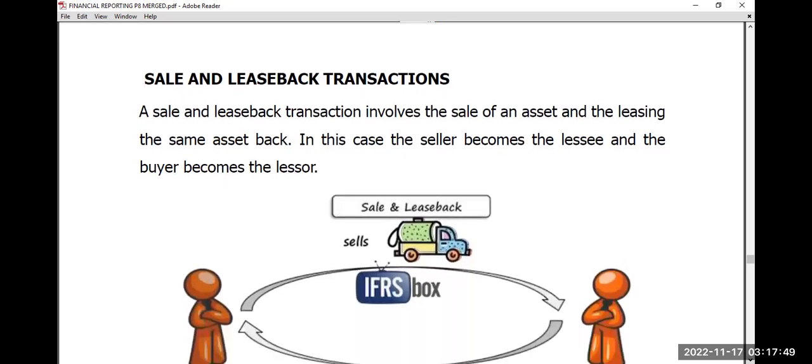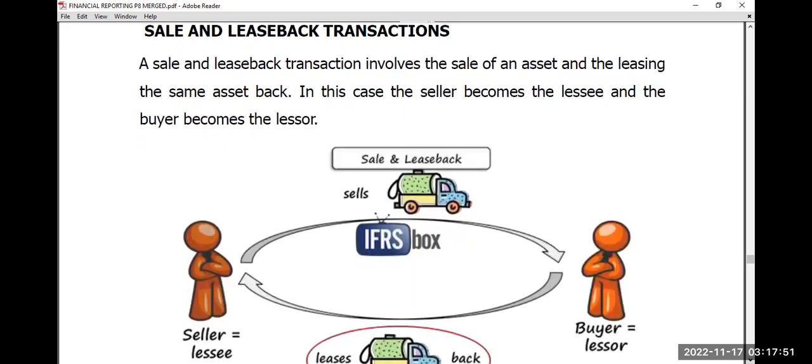Let's maybe talk about a sale and a lease back. A sale and lease back transaction.